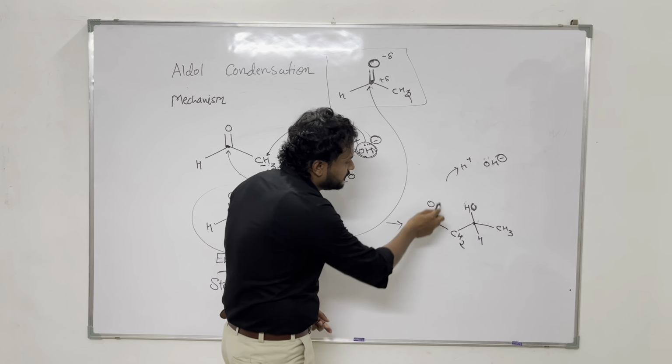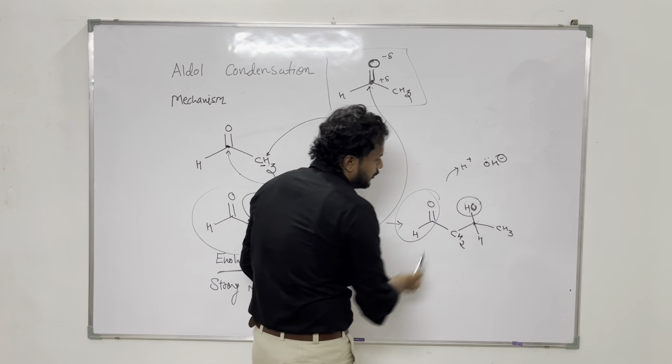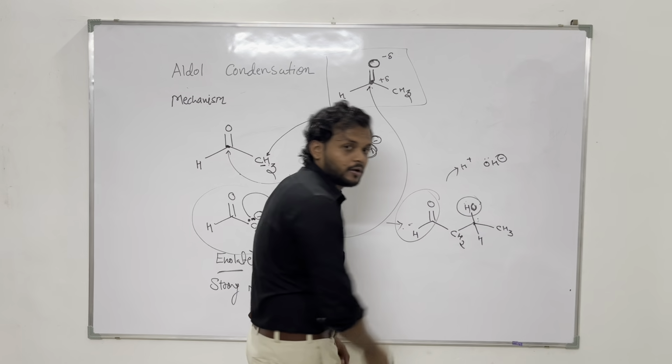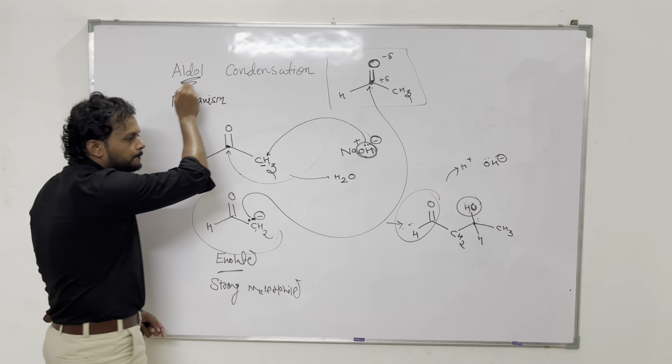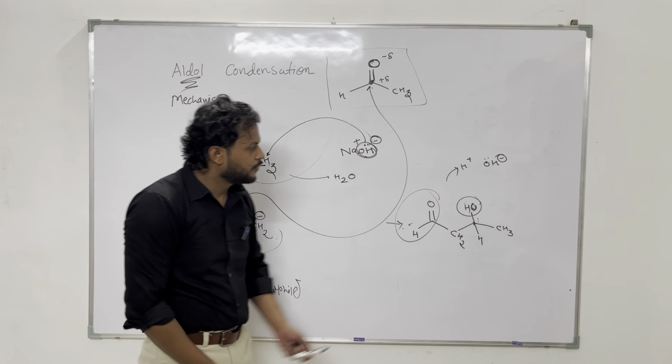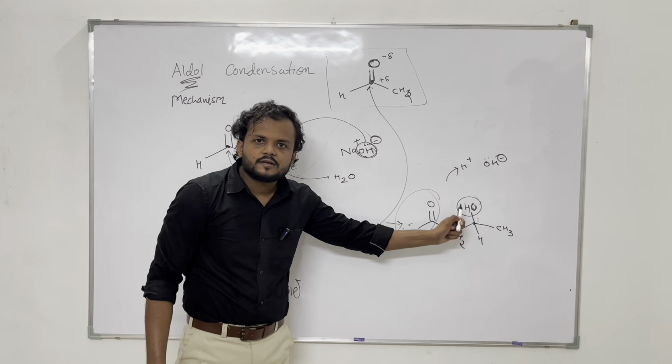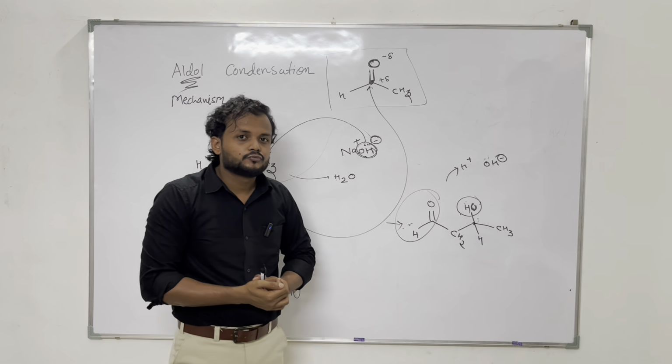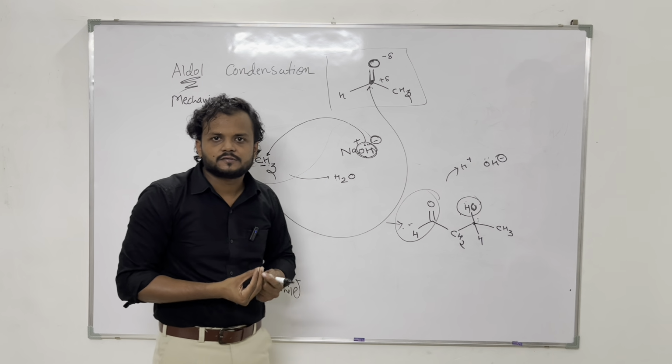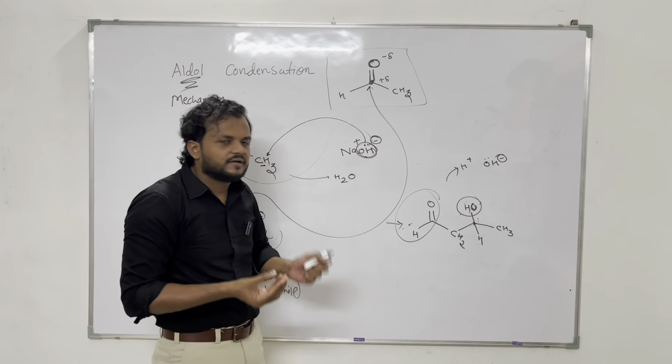You can see that this is aldehyde and this is alcohol. So this is an aldol. And now this aldol is further going to lose water and end up with our final product.